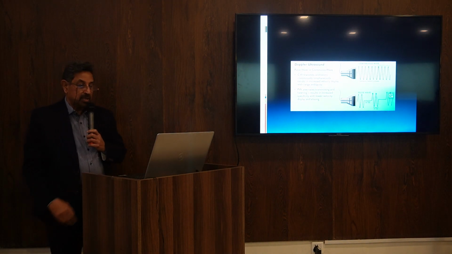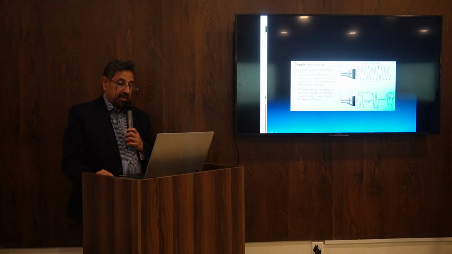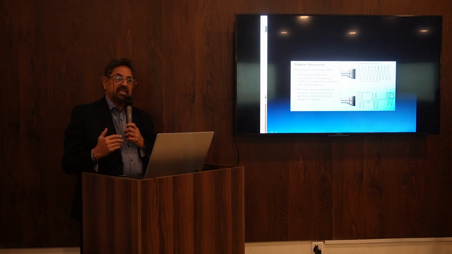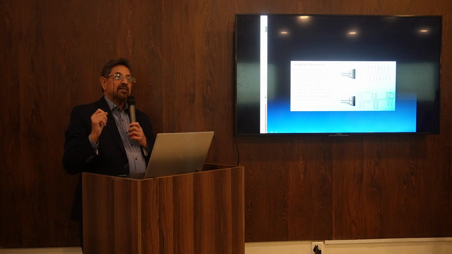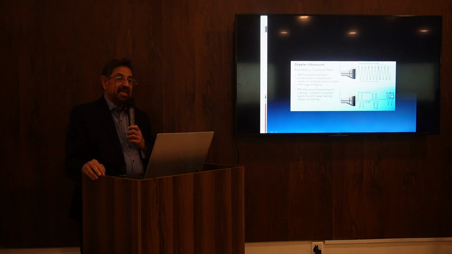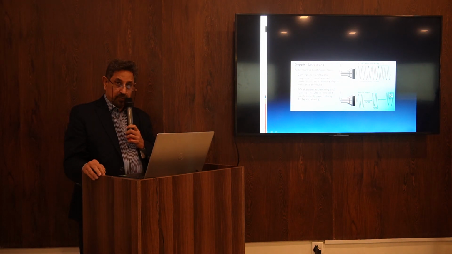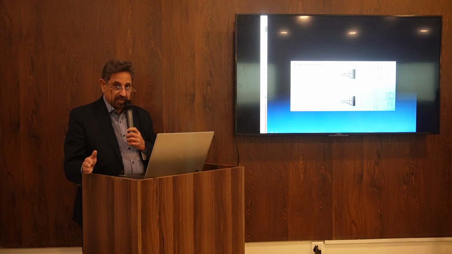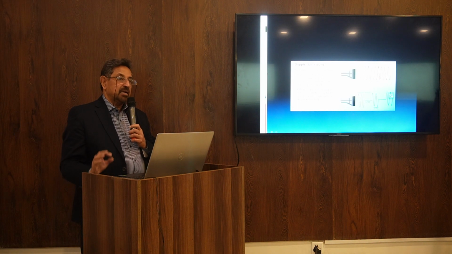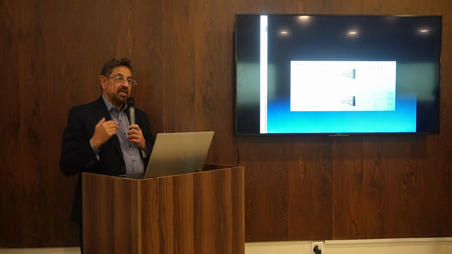And then we have CW and PW. CW, where two separate crystals transmit and receive. Here we have less information about the location of the structure, but we can get very, very high frequencies. So in echocardiography, there are very high frequencies. PW, the same crystal is emitting ultrasound and receiving ultrasound.